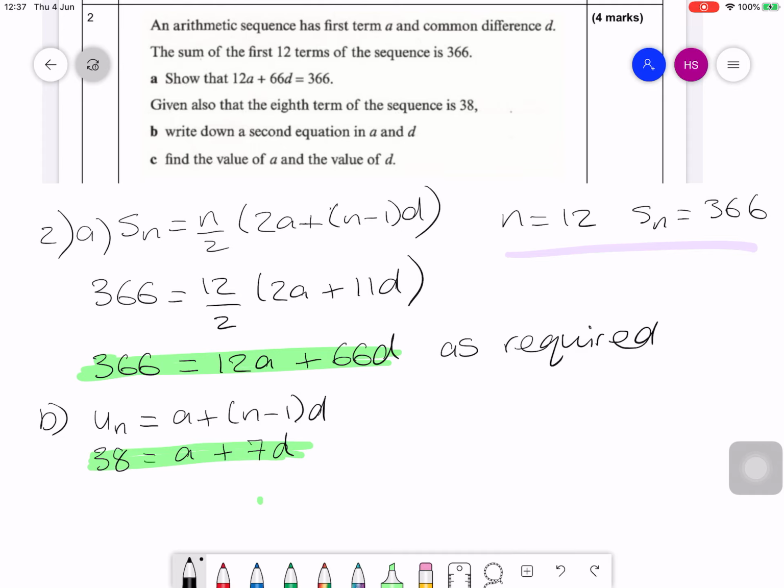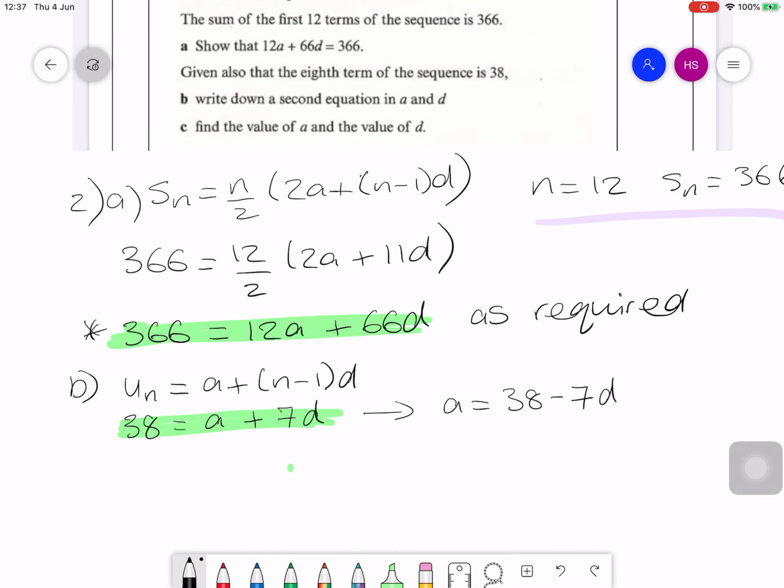There's plenty of variations. I think I'm going to do it by making a the subject of this one. So rewriting that as 38, a equals 38 minus 7d, and then substituting it into this one here. But it's almost just a matter of taste, a matter of personal preference. There's lots of different ways you could have solved those simultaneous equations.